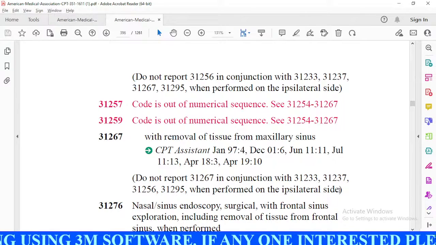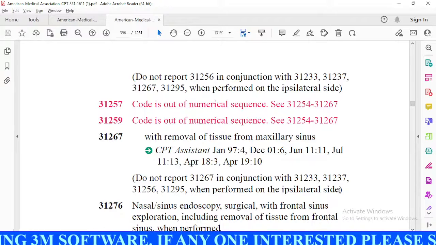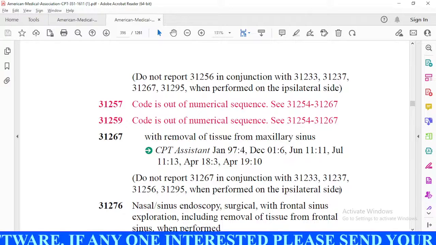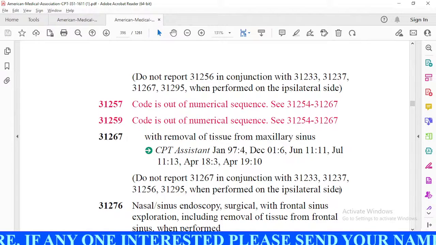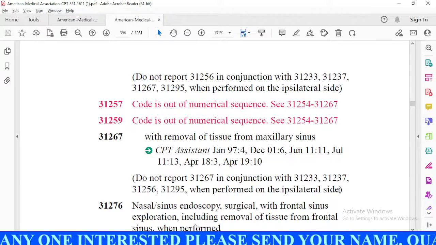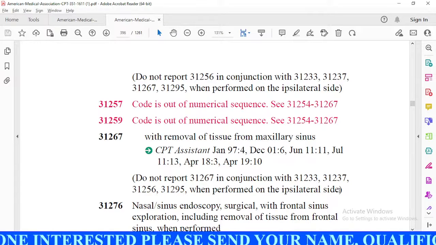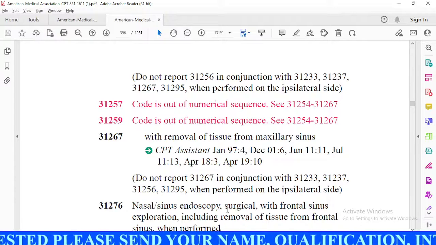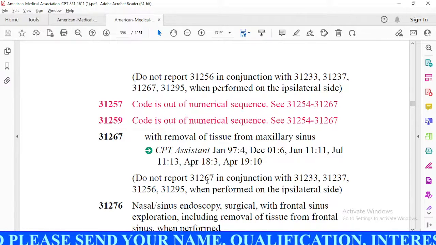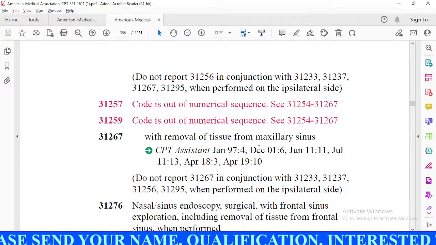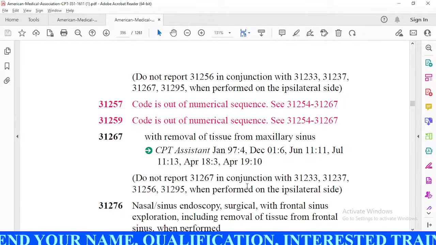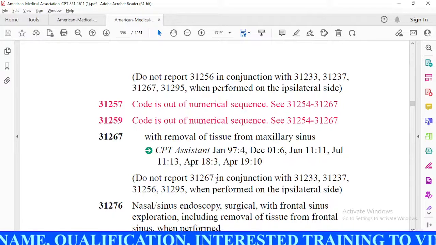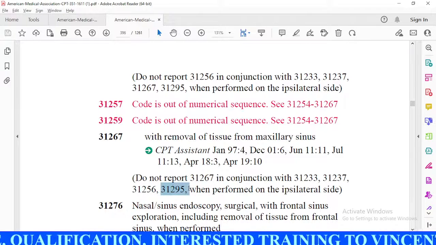Basically we have two lateralities in CPT coding, ipsilateral and contralateral. Ipsilateral means same side. Contralateral means opposite side. Based on this guideline, if the physician has performed removal of tissue from the maxillary sinus as well as the dilation on the ipsilateral side, meaning the same side, we can't code 31295.